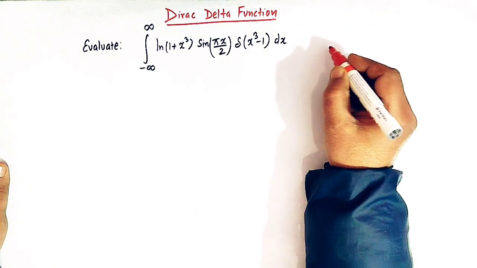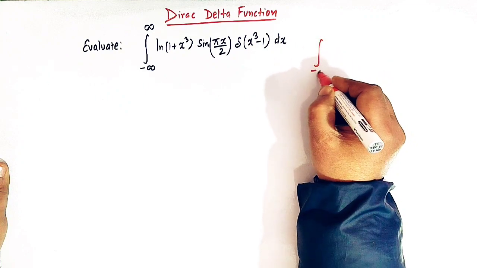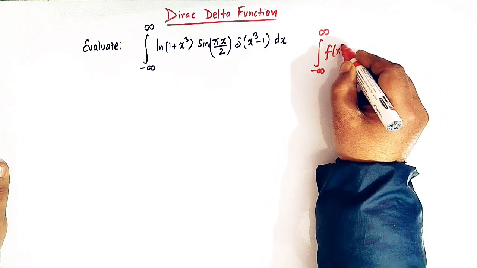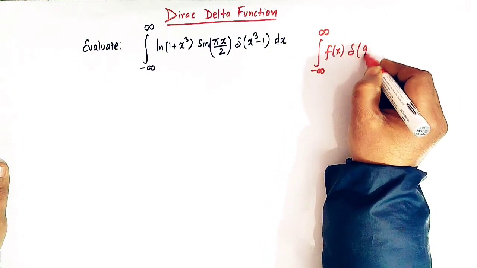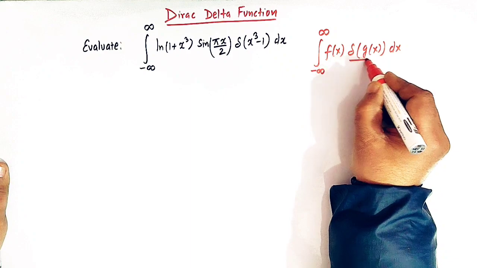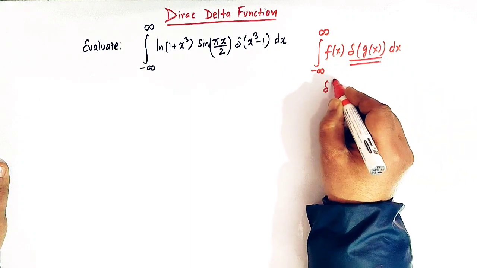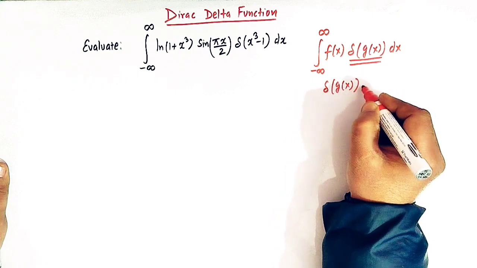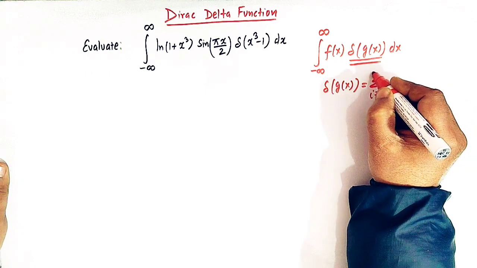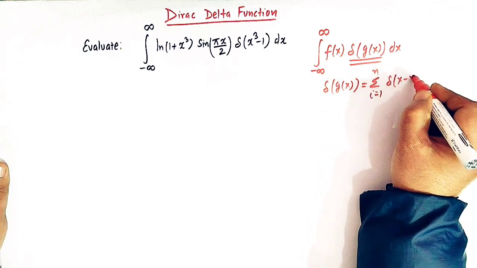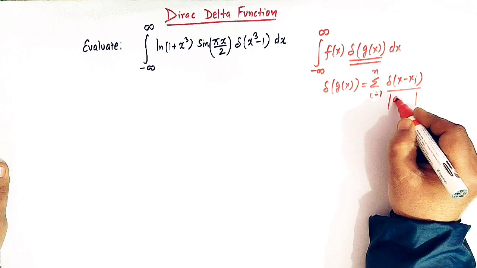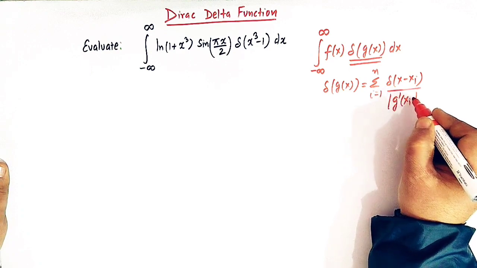Suppose we have an integral from minus infinity to infinity, and here we have some function f of x, and here we have delta of g of x dx. Then delta of g of x can be written as the sum, i equal to 1 to n, of delta of x minus xi divided by the absolute value of g prime of xi.